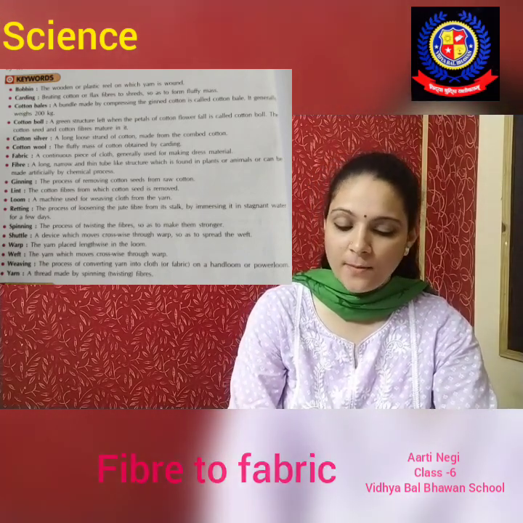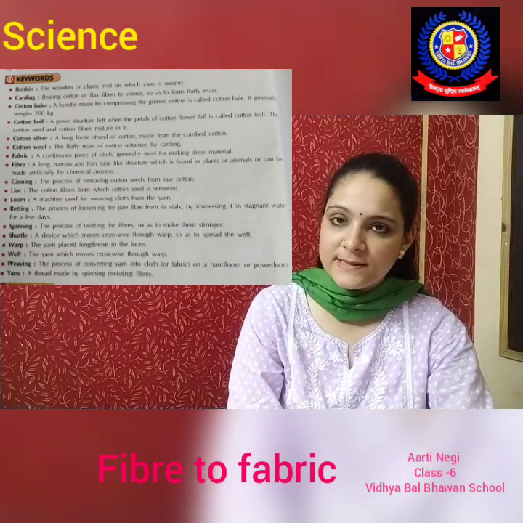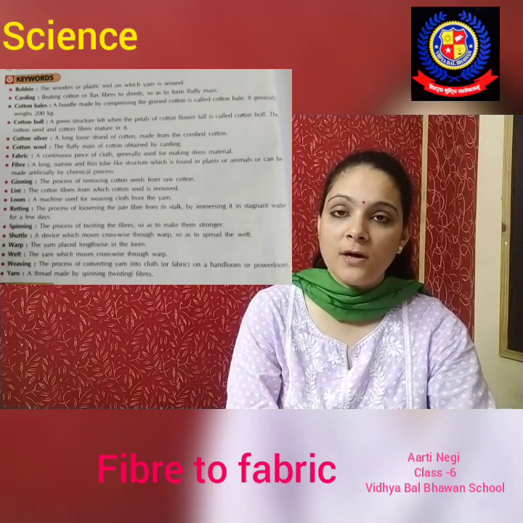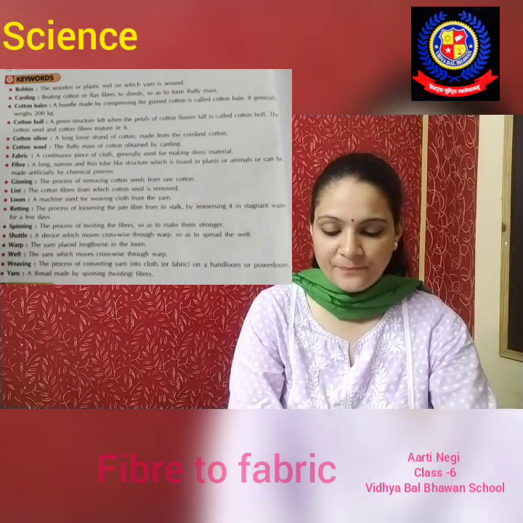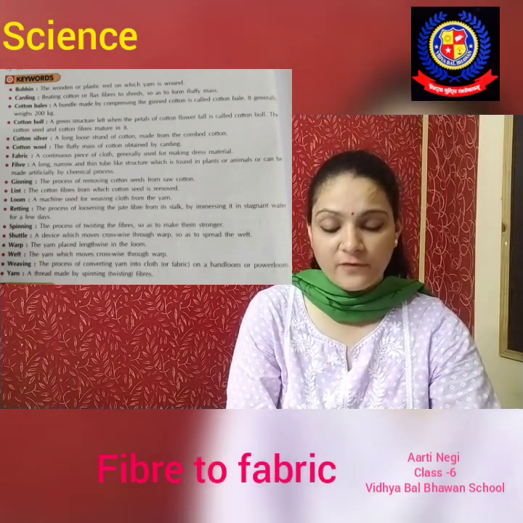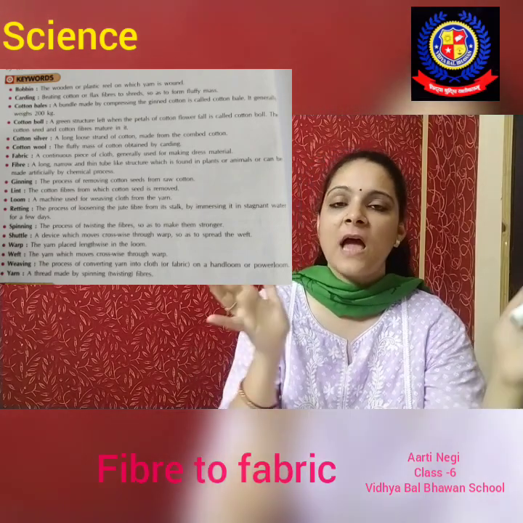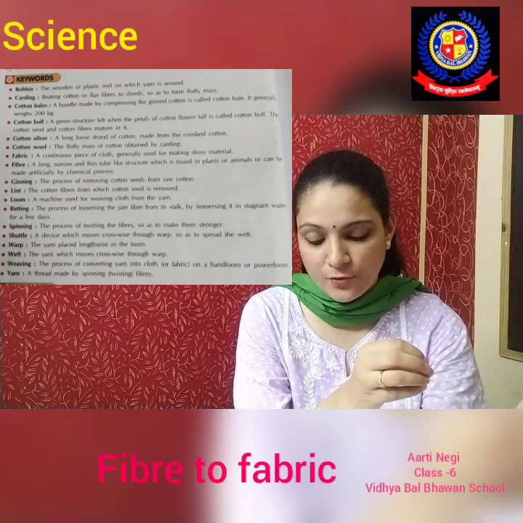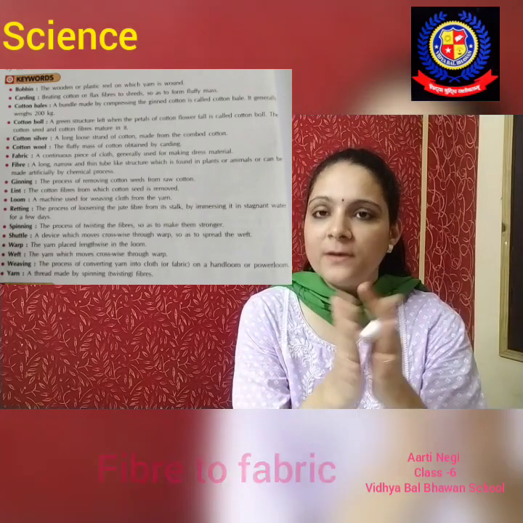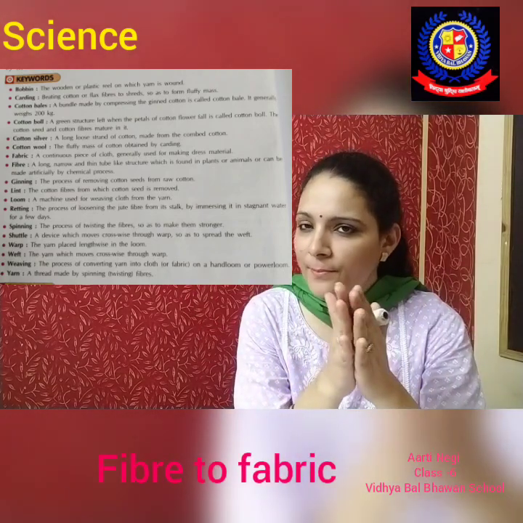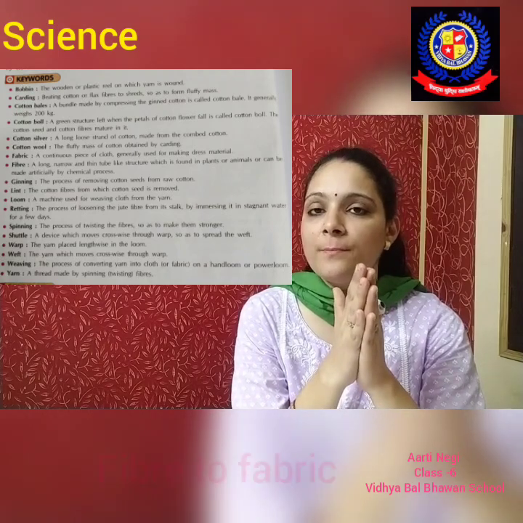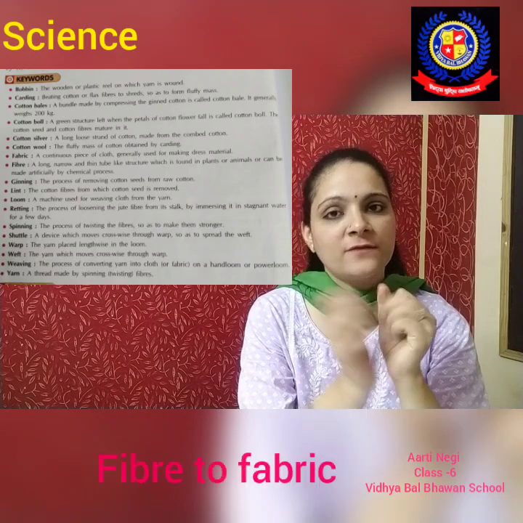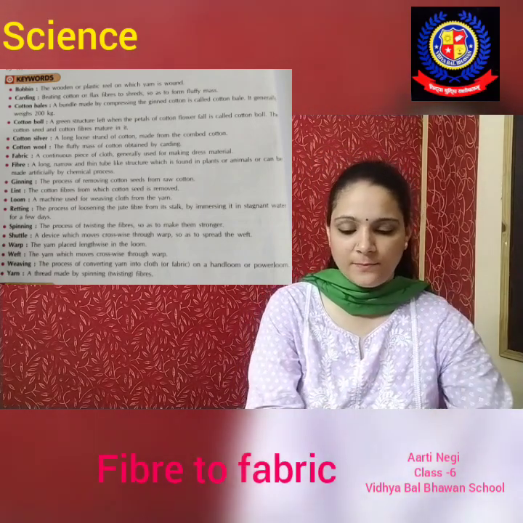A bundle made by compressing the ginned cotton is called a cotton bale. Generally it weighs up to 200 kg. After carding and ginning, the fiber is compressed to make the bales, and it becomes easier to transport these bales from one place to another.